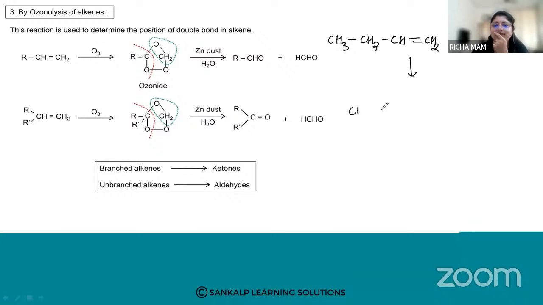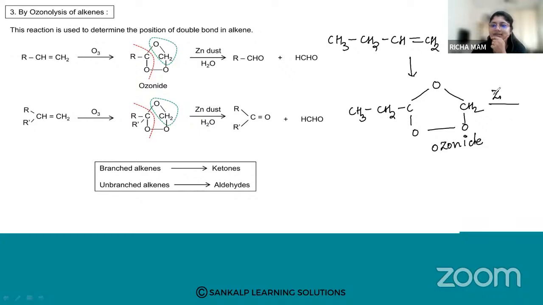So again, CH3, CH2, the rest of the molecule you write the same. Only across the double bond you have to add the ozone molecule. So this is the ozonide. This I'm going to treat with zinc dust in the presence of water.